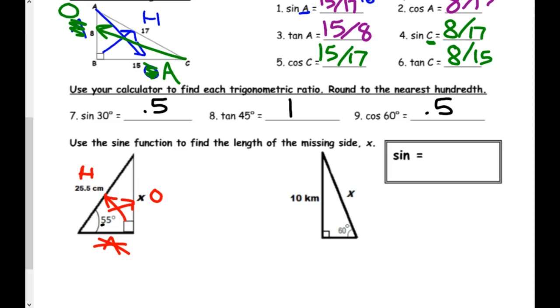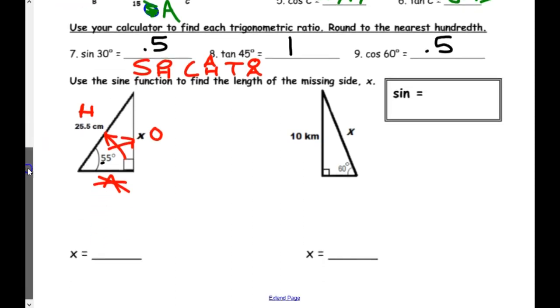So the one I'm going to use has O and H in it. So I'm going to rewrite my SOH CAH TOA. And which one of these 3 has O and H in it? S, right? See, if I can't use A, then I can't use tangent, because that's an A. I can't use cosine, because that is an A. I have to use S, sine. Okay?